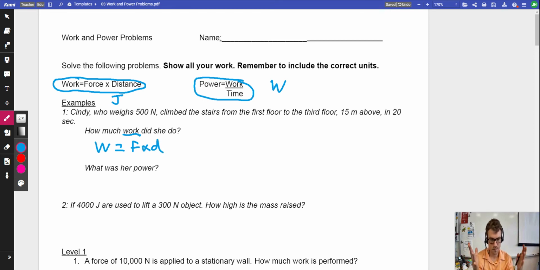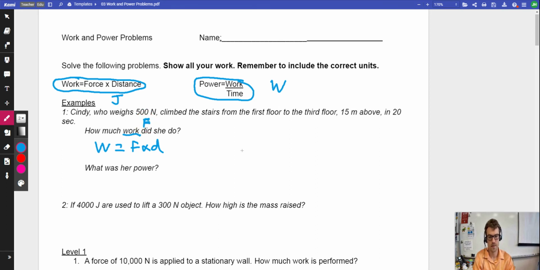Now, we've got three different numbers here in the problem, right? And so the key thing is that we need to go through and identify what is the information that is being given to us. We want to know force and distance because that's what we need in order to be able to find work. So Cindy, who weighs 500 newtons, okay, here is our force.